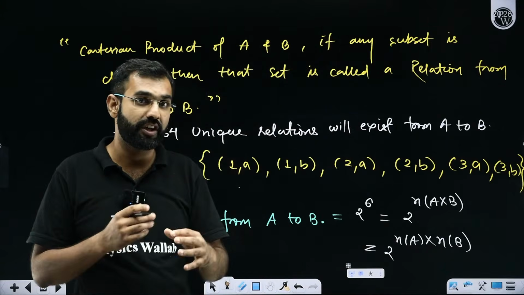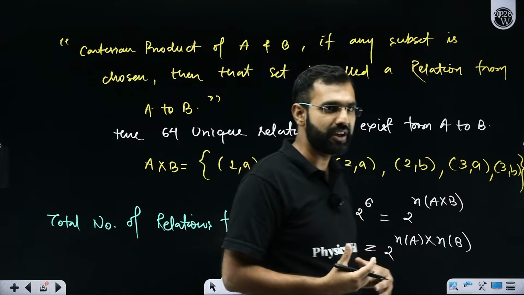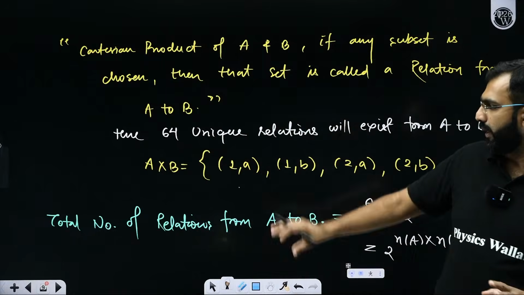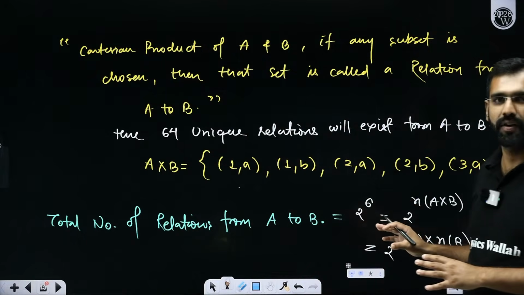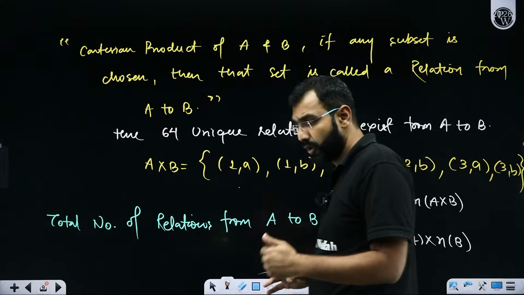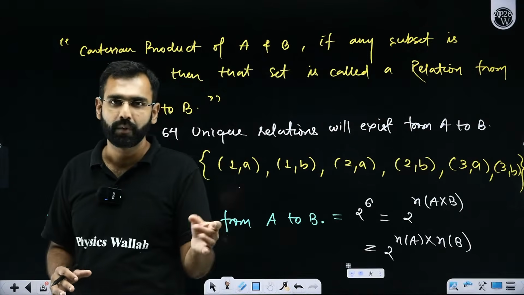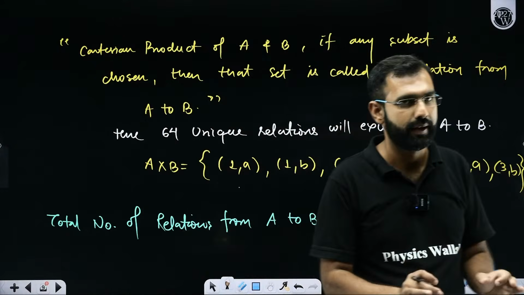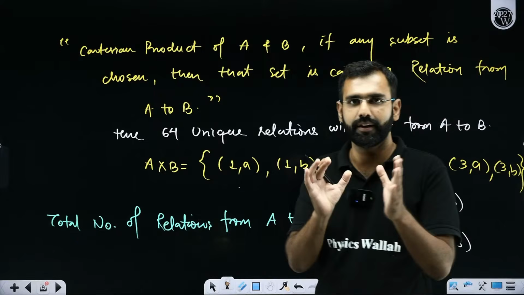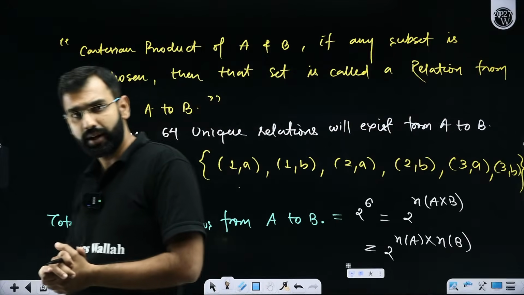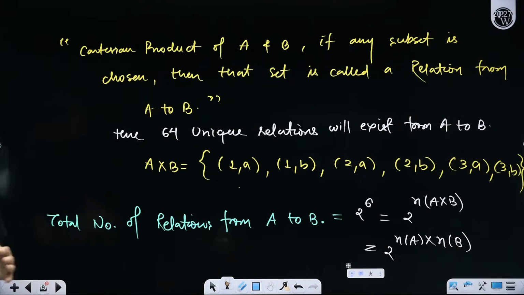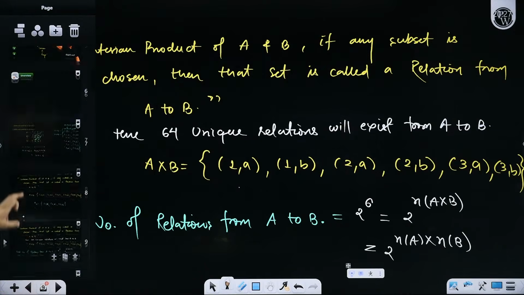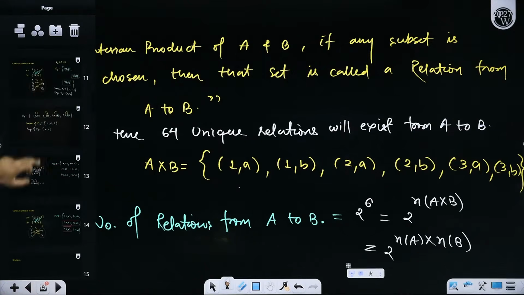And domain and range came with the concept of image and pre-image. So I hope this part, where we are talking about the number of relations from A to B, which is 2 to the power NA into NB, you have all decently and completely understood? Yes or no? Shall I move ahead from here, all the participants? Shall we talk further about a few more things if you have understood it comfortably?